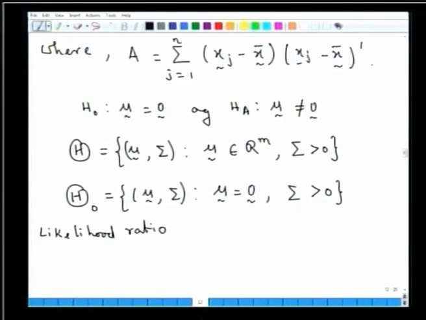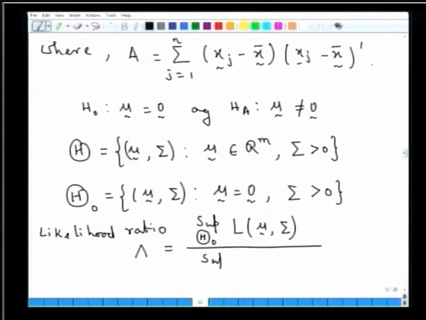The likelihood ratio, lambda, is going to be given by the ratio of the two supremums: supremum under script theta naught of the likelihood function L(mu, sigma), I'll just drop the conditioning on x, divided by supremum over the entire parameter space script theta of this likelihood function.